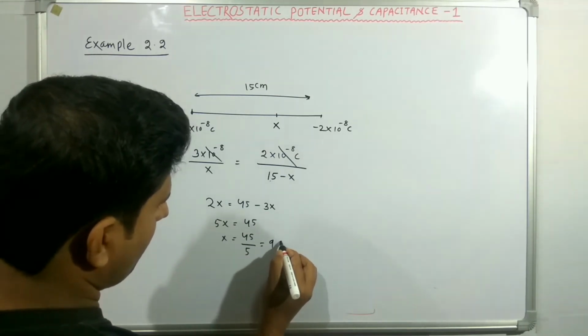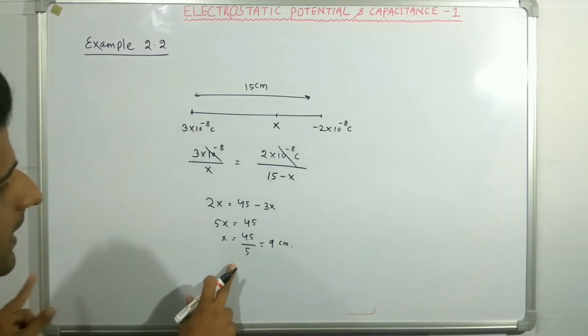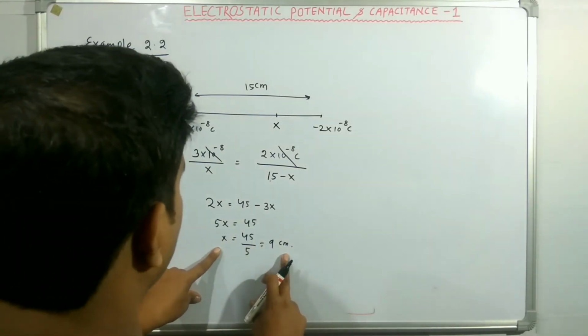So x should be 9 centimeters, where the net electric potential is 0.